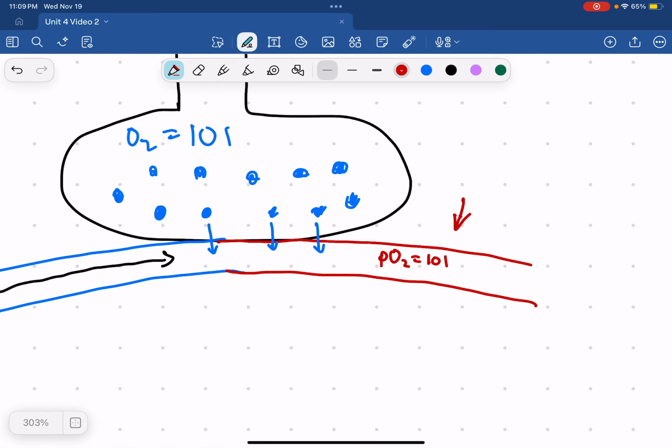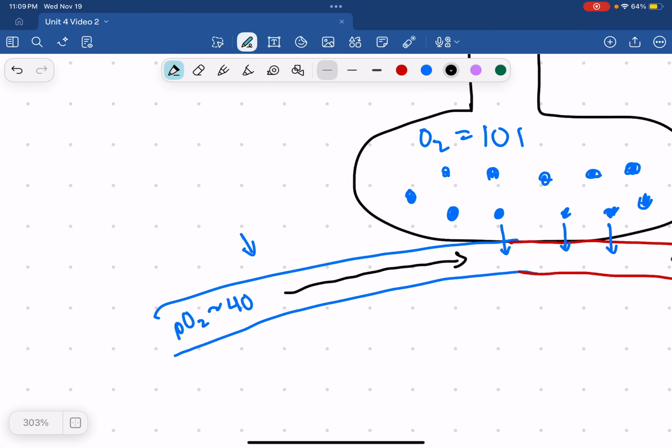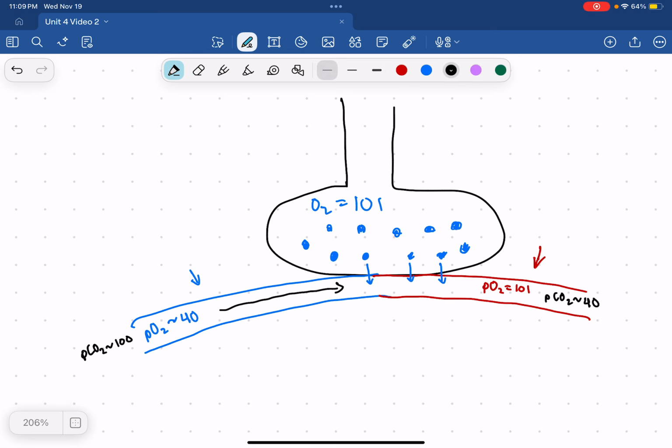So now let's talk about our pressure of carbon dioxide on this side. We're going to have less carbon dioxide in the blood. It's around 40. Over here, we're going to have more carbon dioxide in the blood, and it's around 100 on this side. So PCO2. We're reversing roles here. So carbon dioxide within the lung itself doesn't have a very high pressure.